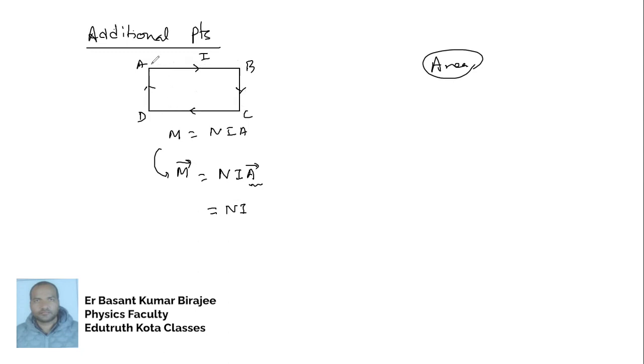So the current is anti-clockwise, and the area we can write as AB vector cross BC vector.